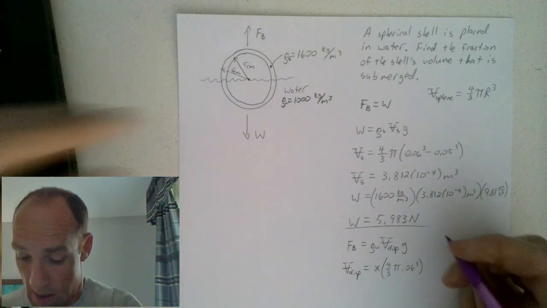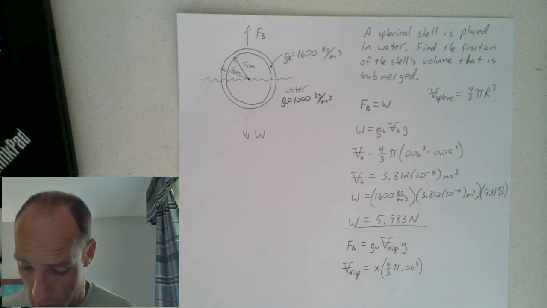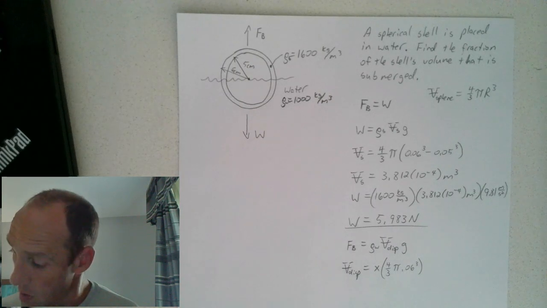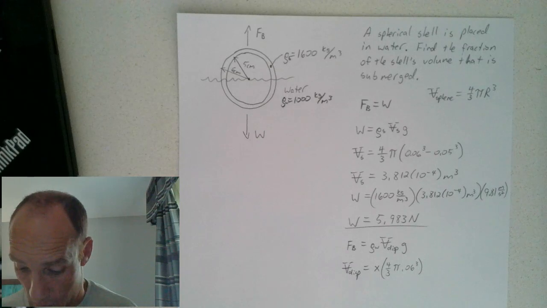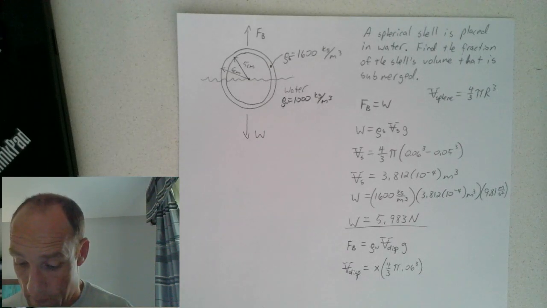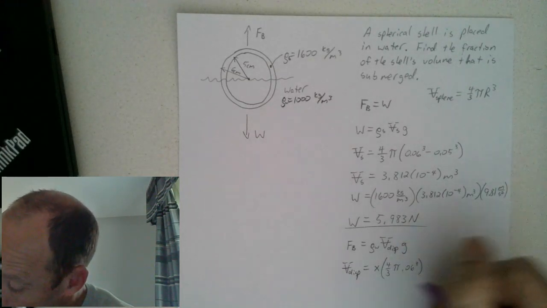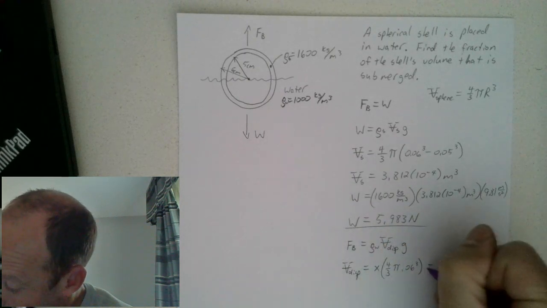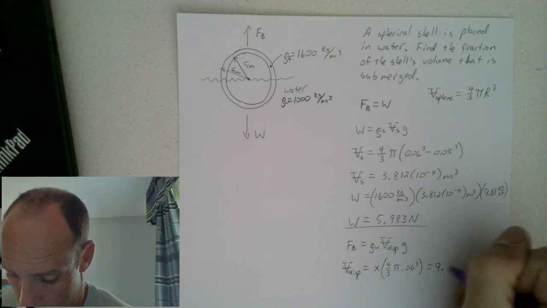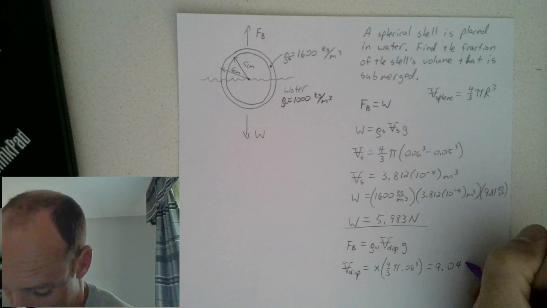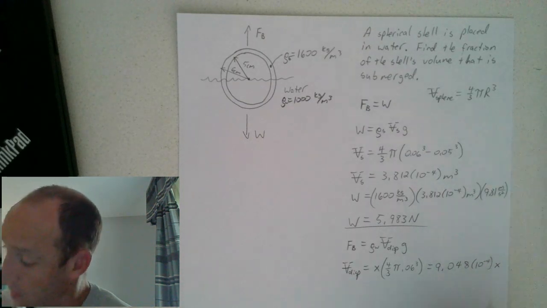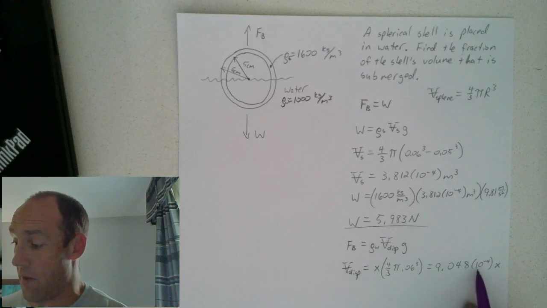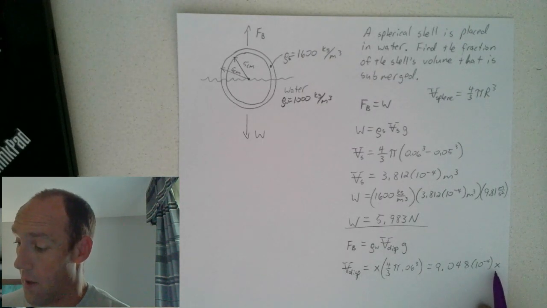Okay, and so that's 9.048 times 10 to the negative 4 times x.